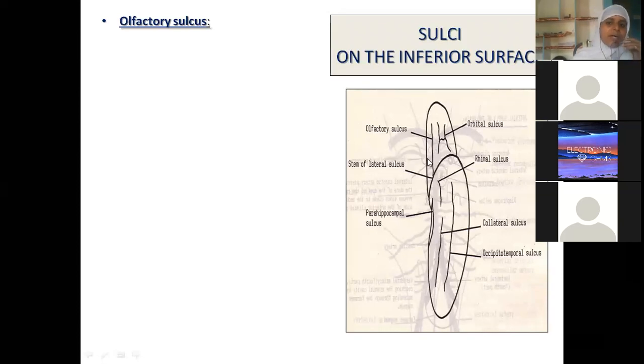Rectus means straight. I told you so many times. This area is called gyrus rectus. Then around this H-shaped orbital sulcus, we have four gyrae: anterior orbital gyrus, medial orbital gyrus, posterior orbital gyrus, lateral orbital gyrus. Very simple. In front is anterior, behind is posterior, near the midline is medial, away from the midline is lateral. So these are the sulci and gyrae which we see in the orbital part of the inferior surface of the cerebrum.